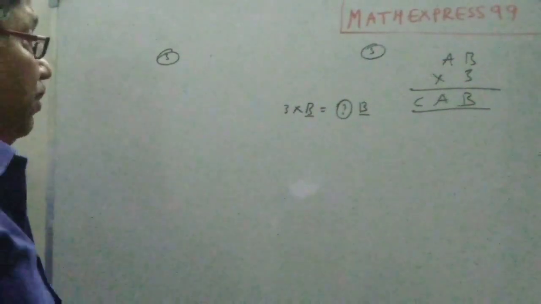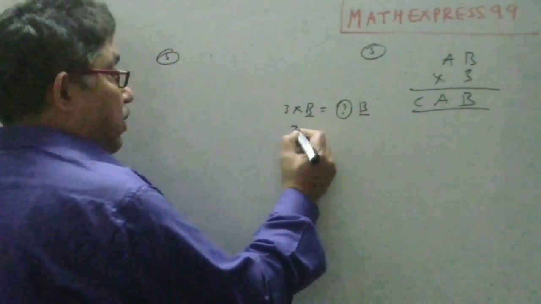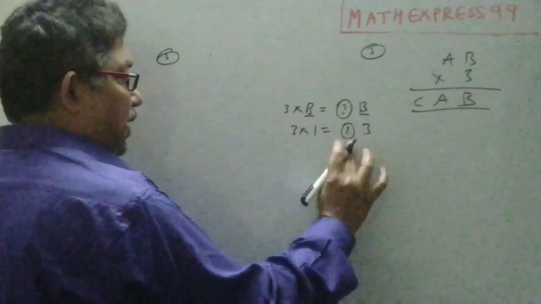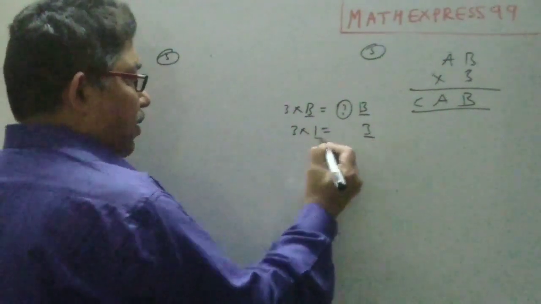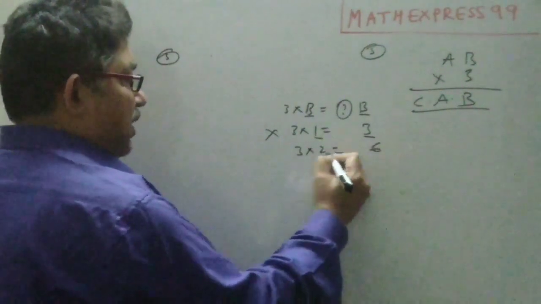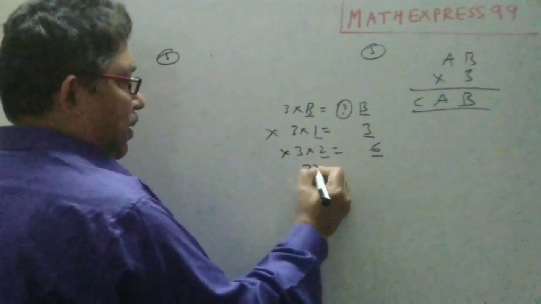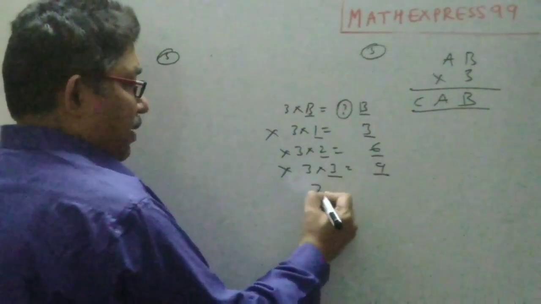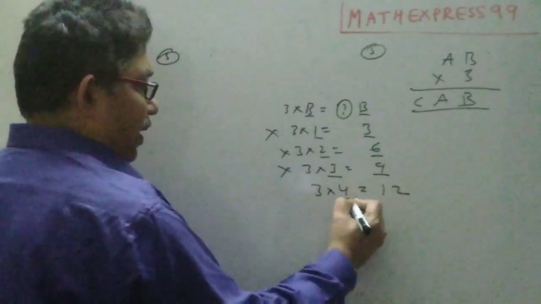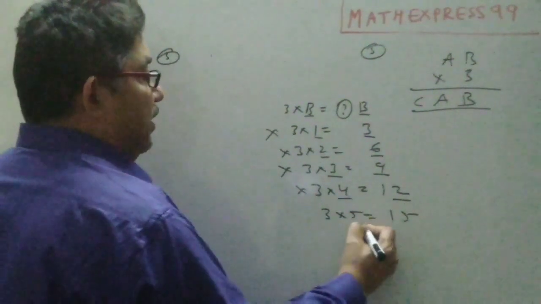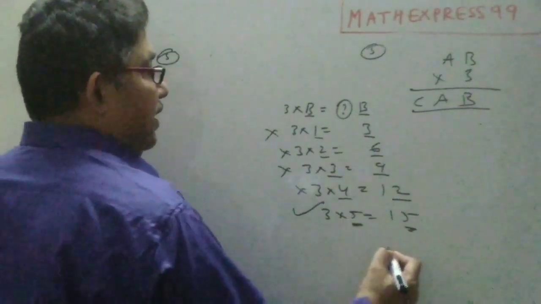So 3 into 1 is 3. These digits are not same, so B cannot be 1. 3 into 2 is 6, again digits are not same. 3 into 3 is 9, again not same. 3 into 4 is 12, again not same. 3 into 5 is 15, yes digits are same, so B can be 5.